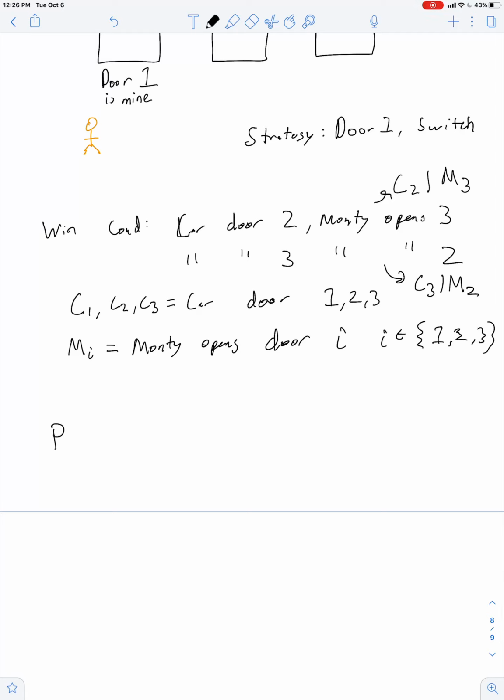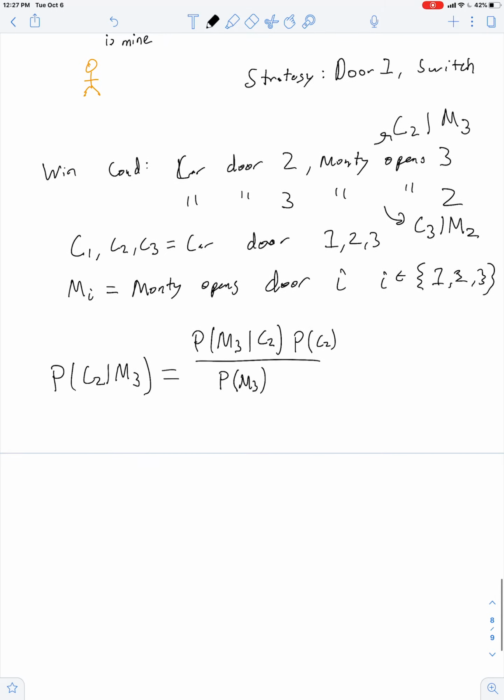So what I'm going to do is find the probability of C2 given M3. And the way that I can do this is I just write out Bayes' rule. So what's the probability that Monty opens door 3 given that the car is in door 2 times the probability that the car is in door 2 divided by the probability that Monty opens door 3. Okay, thinking about the problem hard.